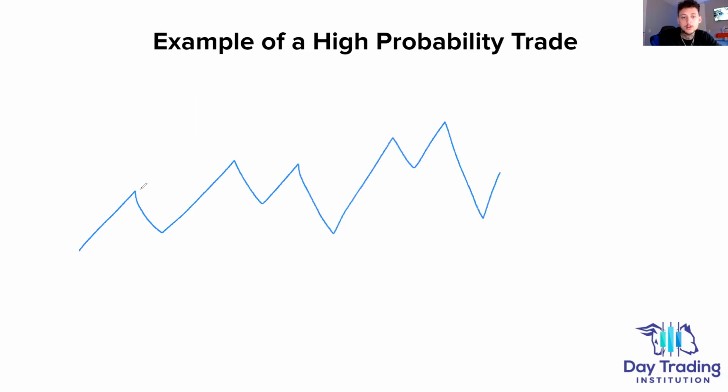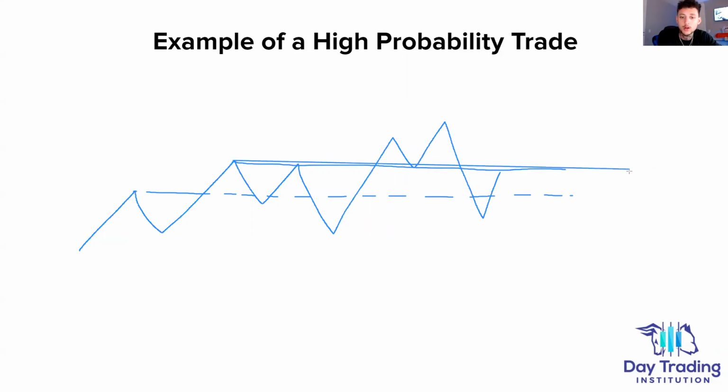Now, I'm not going to get too in depth here because we haven't really even gone over market structure or anything. But what I'm going to simply be doing is talking based off of price levels. So let's take some time to do this drawing here.